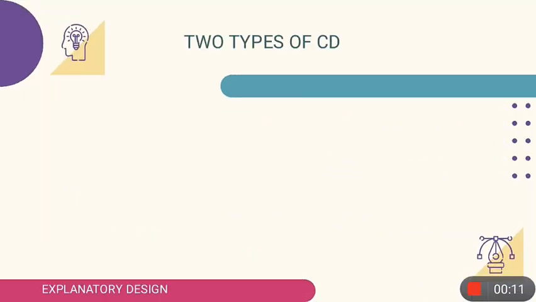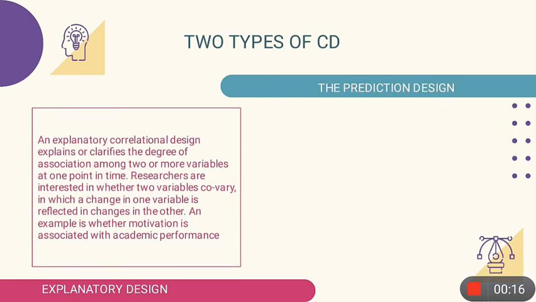Two types of correlational design. There are two types of correlational design. The first is explanatory design and the second is the prediction design. An explanatory correlational design explains or clarifies the degree of association among two or more variables at one point in time.